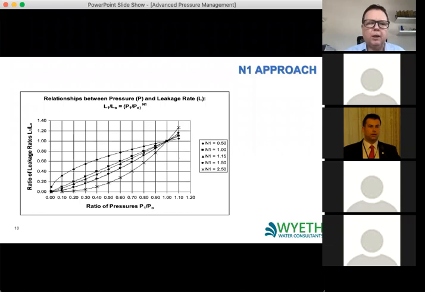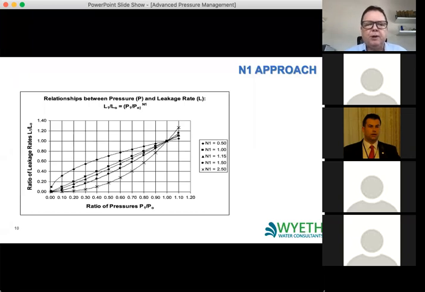So if you choose one zone or one area and you go in at nighttime when you have pressures in your network and basically leakage levels only, you start to drop the pressure at the inlet to your zone in steps, and you monitor what the level of the flow drops by. And by doing that leakage level and the pressure, you can actually plot a graph like this, which will give you the N1 value for your specific utility or even your specific network.